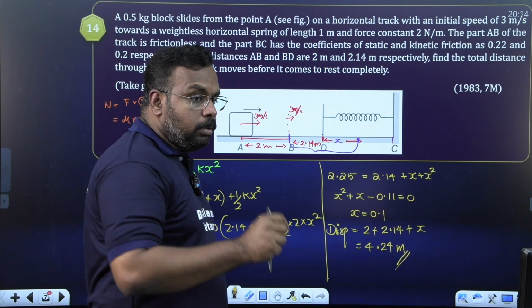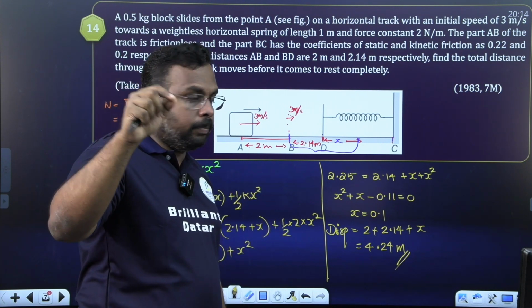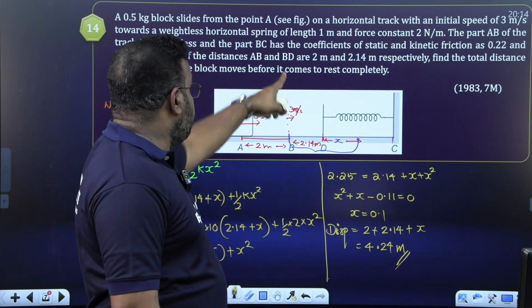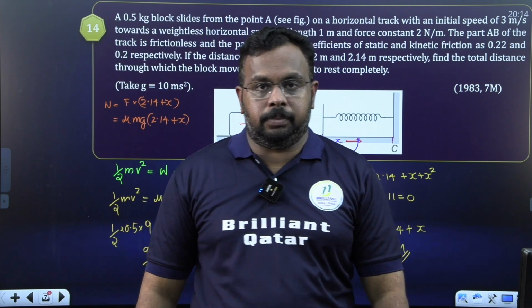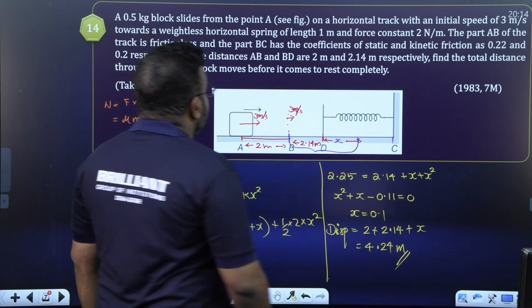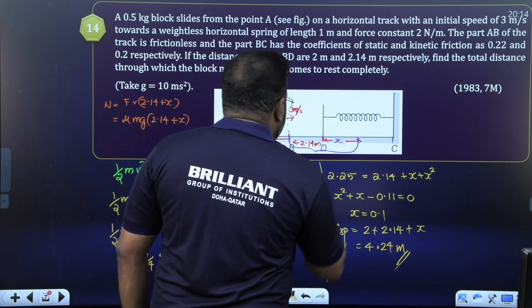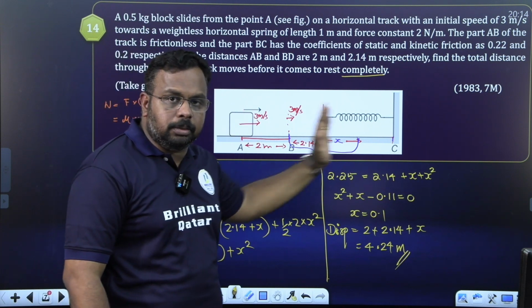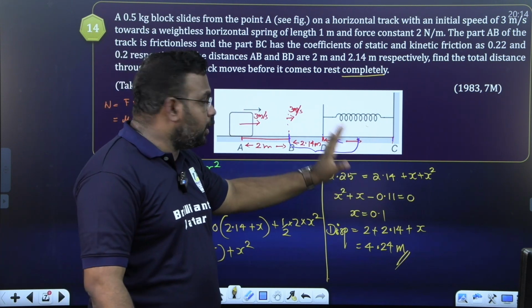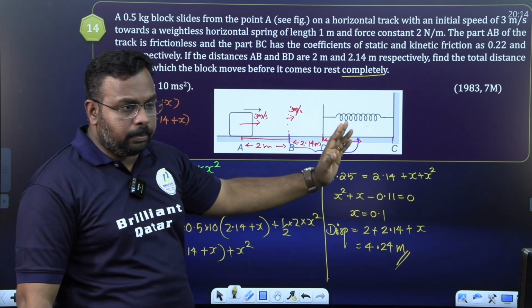Yes, now, no doubt, why did they give us the coefficient of static friction? See, it comes to rest completely, it is given. So, we need to check, after one compression, do you think that the body will come to rest suddenly?